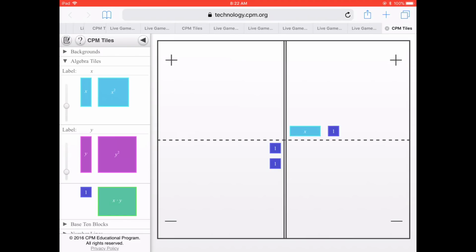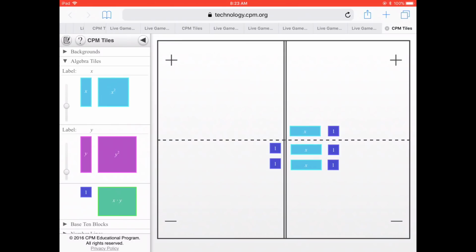So when I go 1 times x, that is going to give me an x right there. And then when we get the 1 times the 1, we get 1 there. And then we do the same thing with the bottom, so I get 1 times x, and that gives us x there. And then 1 times 1 gives us another 1.